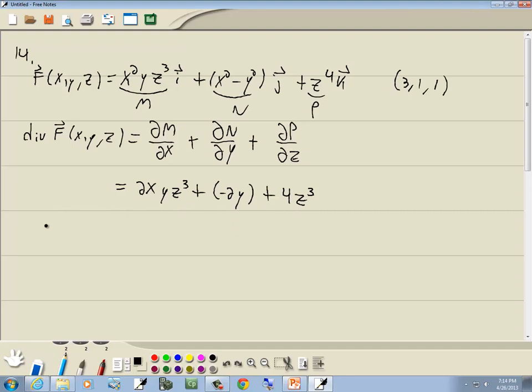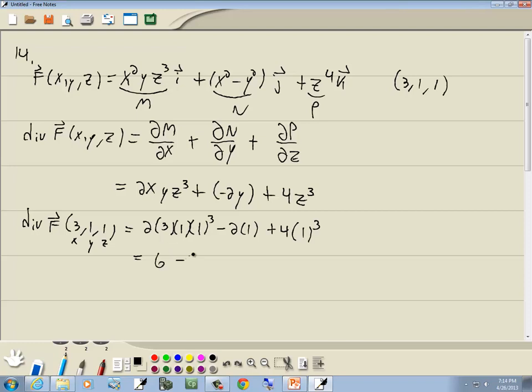Okay. Now they want us to plug in the point. So we're going to plug in 3, 1, 1 for X, Y, and Z. Again, that's X, that's Y, and that's Z. So we're going to have 2 times 3 times 1 to the third, minus 2 times Y, which is 1, plus 4 times Z to the third. Z was 1. 1 to the third is 1. 2 times 3 is 6.